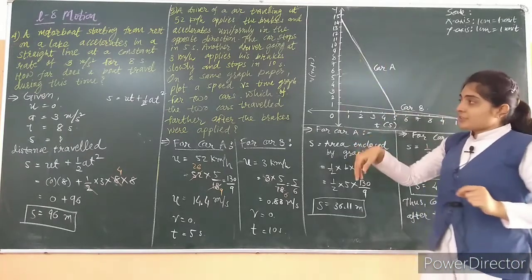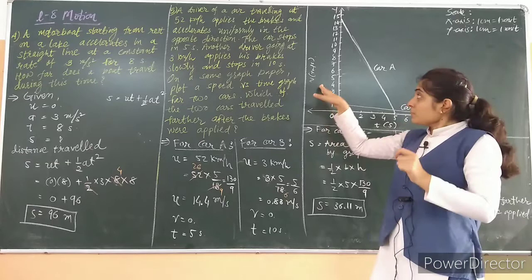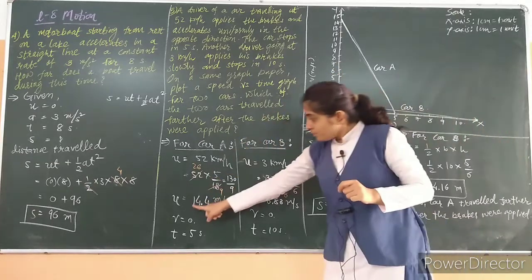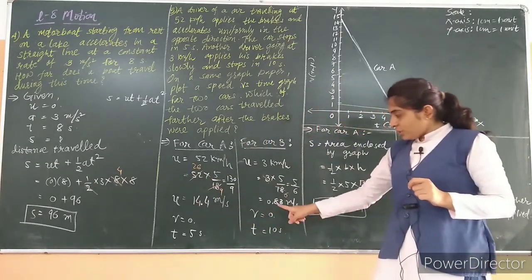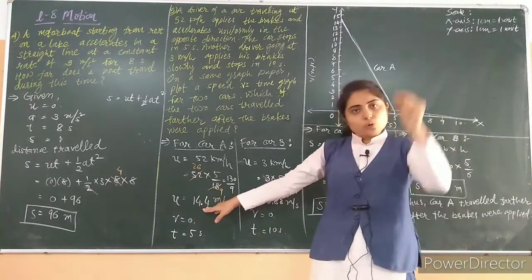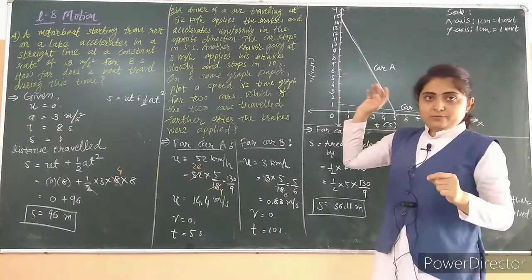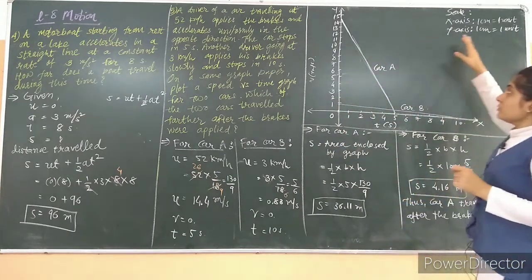Now on the y-axis we are representing speed. Speed is up to 14.4 for car A, and for car B it is 0.83. So we have to go up to 14. We can also take 1 unit for the y-axis.